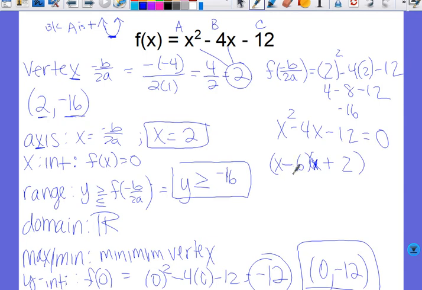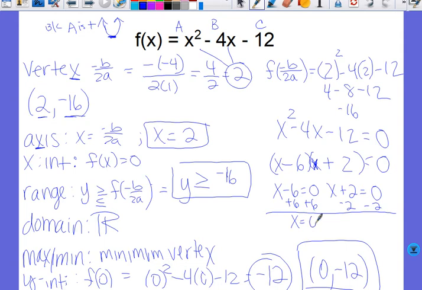That gives me negative 6 times positive 2, which is negative 12, which works. And then minus 6 plus 2 gives me negative 4. I set each binomial to 0. And now I know my x-intercepts, which are 6 and negative 2.